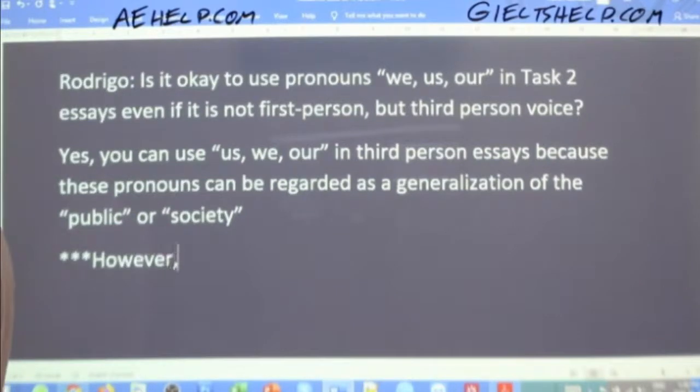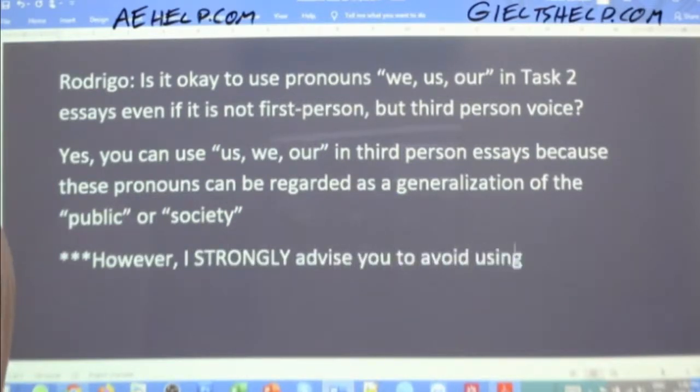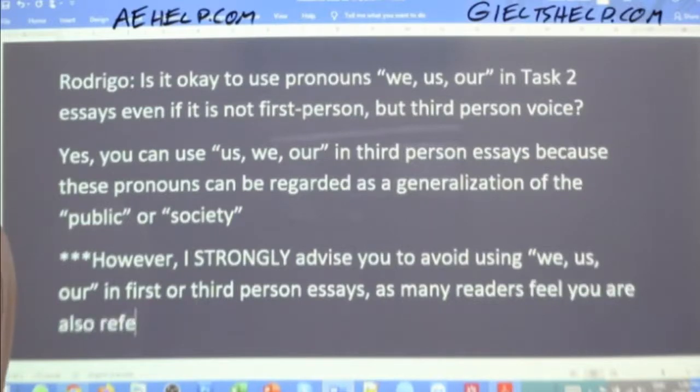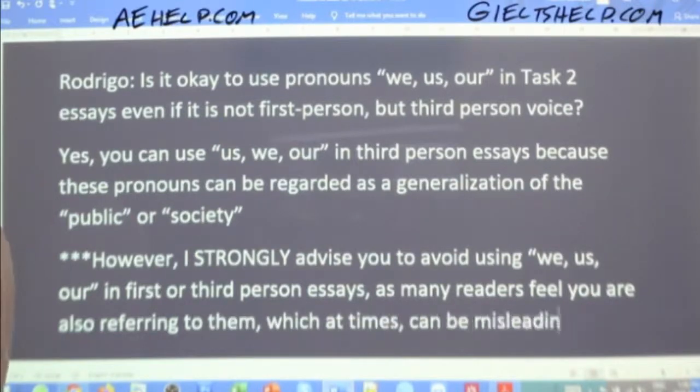However, I strongly advise you to avoid using we, us, our in first or third person essays, as many readers feel you are also referring to them, which at times can be misleading or false.